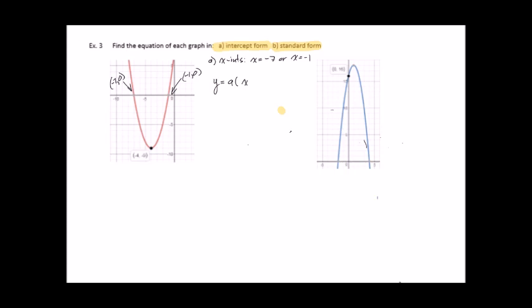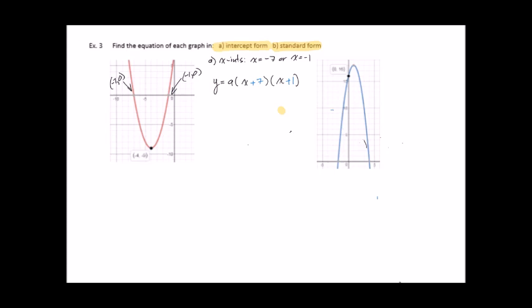So we end up with x plus 7, and then x, instead of -1, we end up with plus 1, because we're using our opposite rule to generate it.